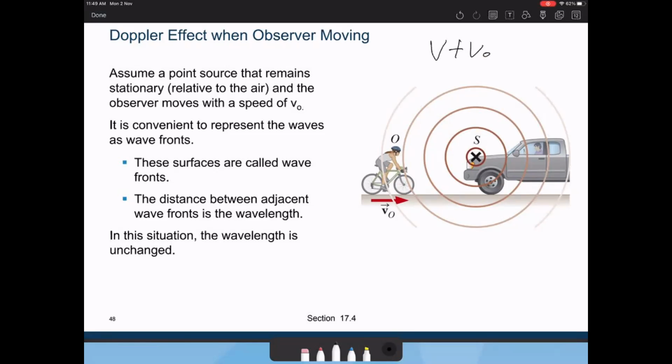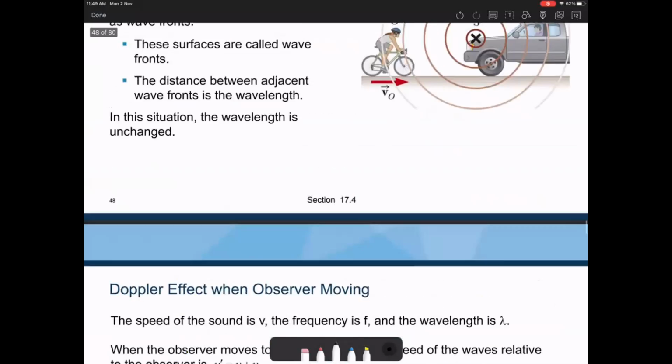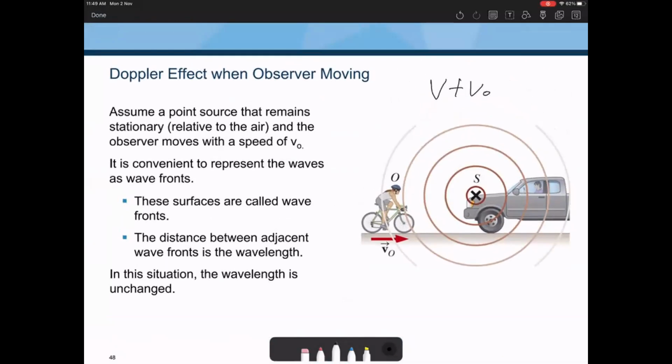On the other hand, if the observer is moving away from the source, I just write down here first. Observer moving to source.